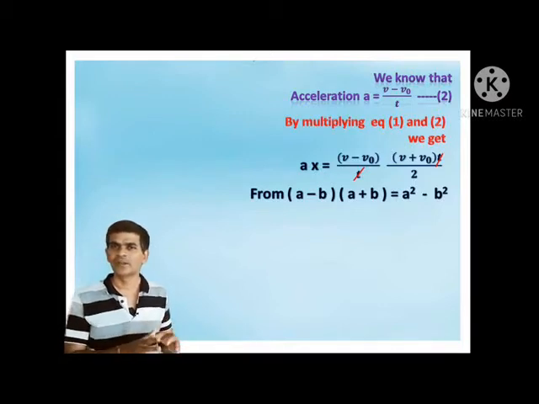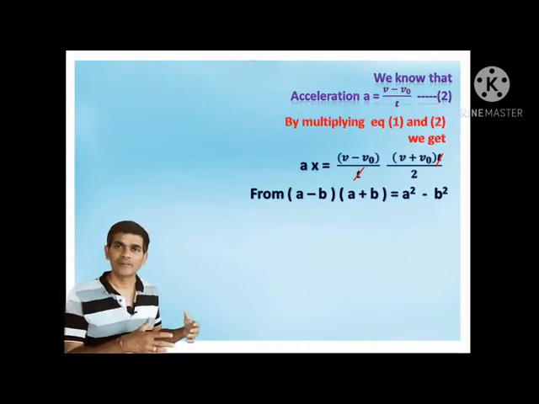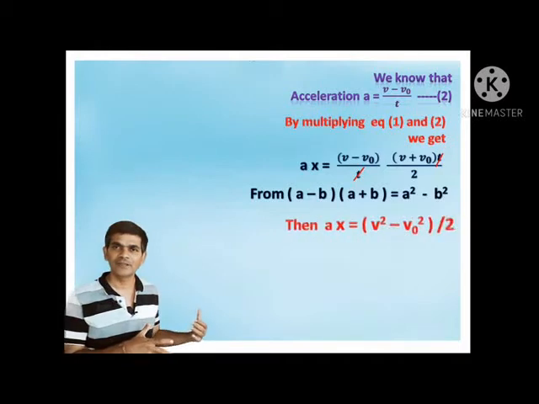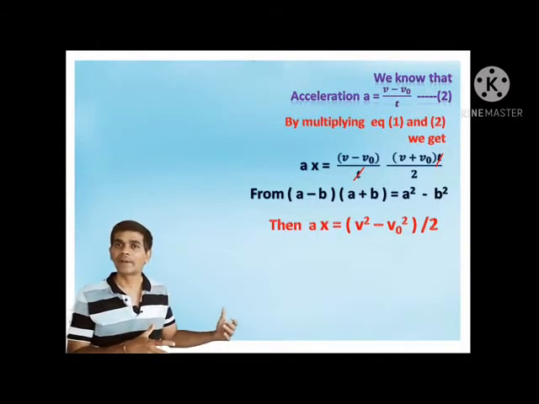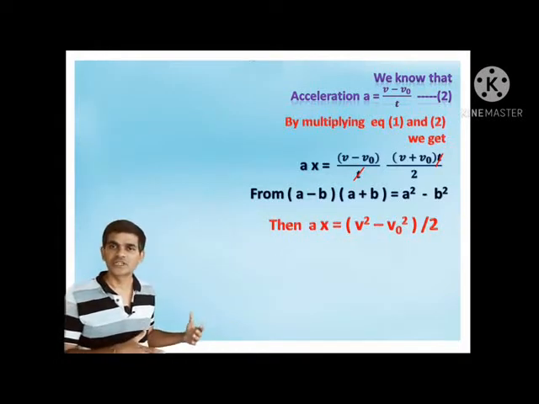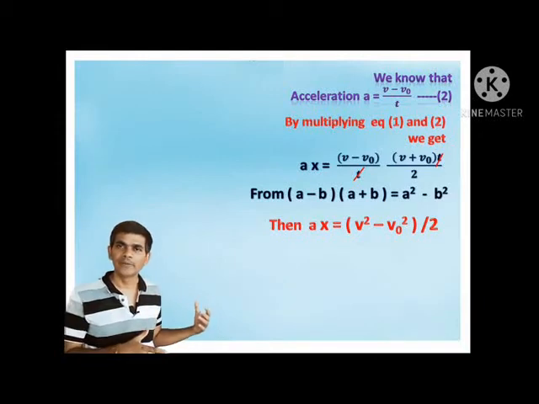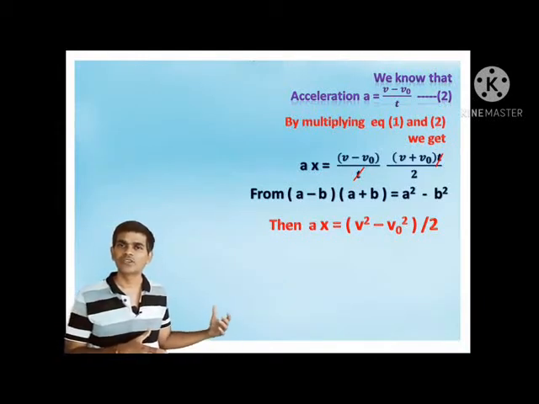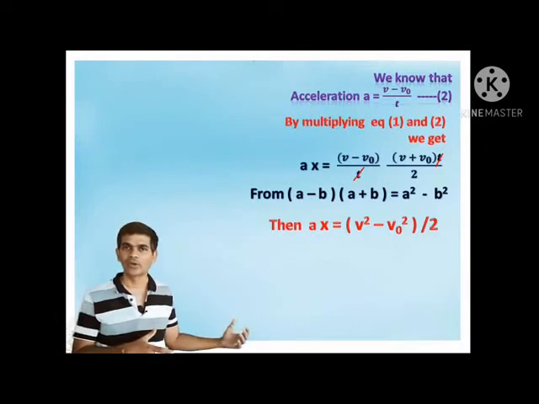And this is similar to an equation which is used in maths, a minus b into a plus b. In that form we know that a minus b into a plus b is a square minus b square. This relation we apply, we will get v minus v naught into v plus v naught is v square minus v naught square.